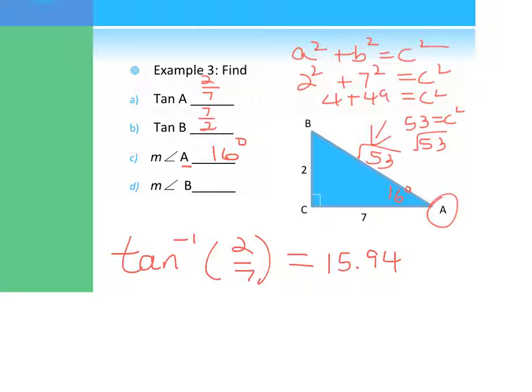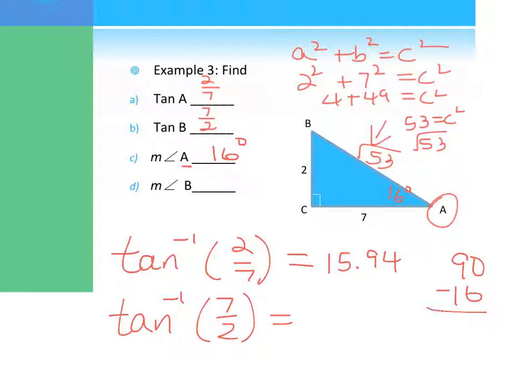Now, this is hoping that my calculator didn't malfunction and that I got the right angle for A. So one way you could double check it is do tan of B, which will be tan negative 1, flip the fraction, and once we do it, it should be 74. So let's check it out and make sure we get that. So if I do shift, tan, 7 divided by 2, I get 74.05. If I'm rounding to the nearest degree, it's 74.